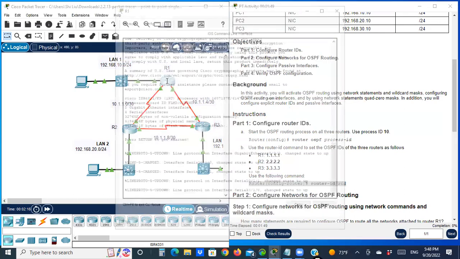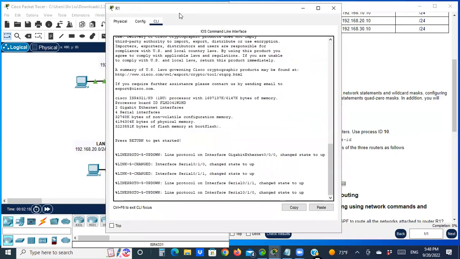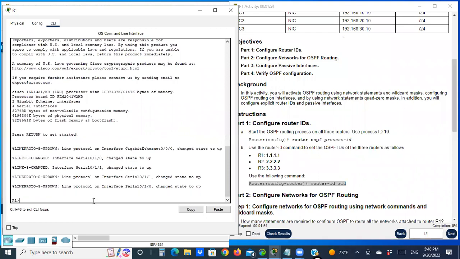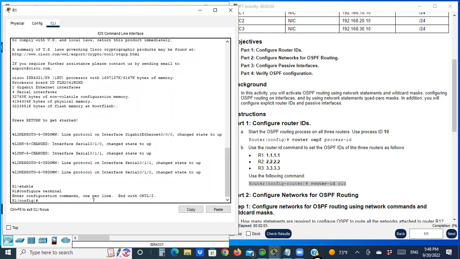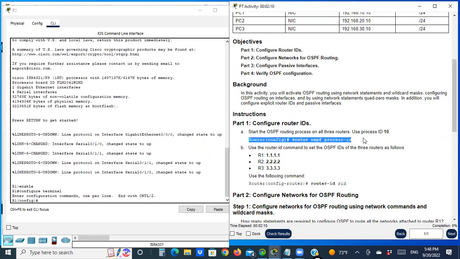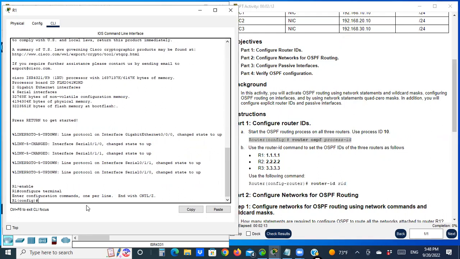Let's start with R1. Enable, configure terminal. Use this command: router ospf 10. 10 is the process ID.